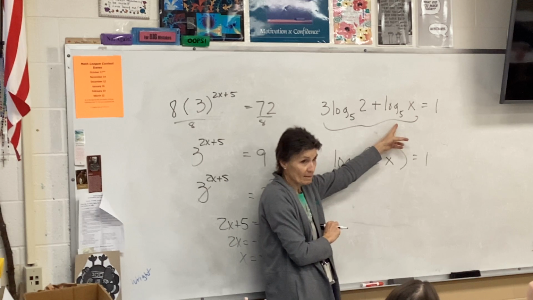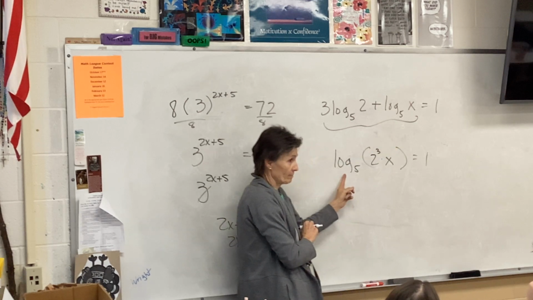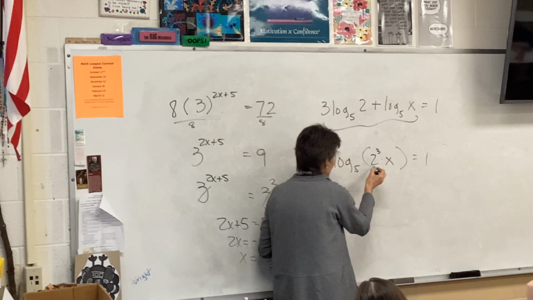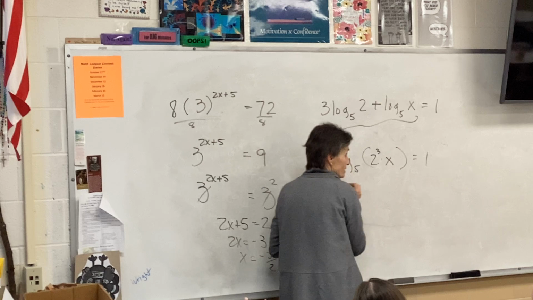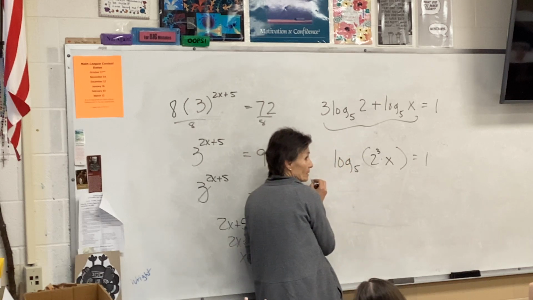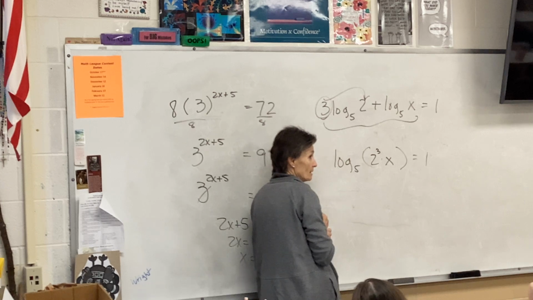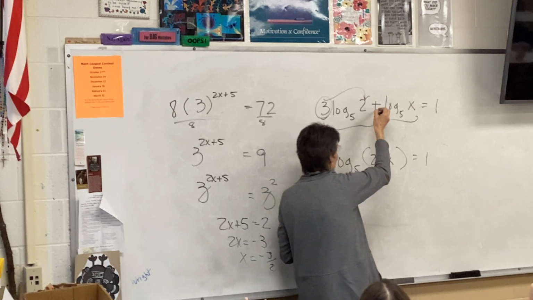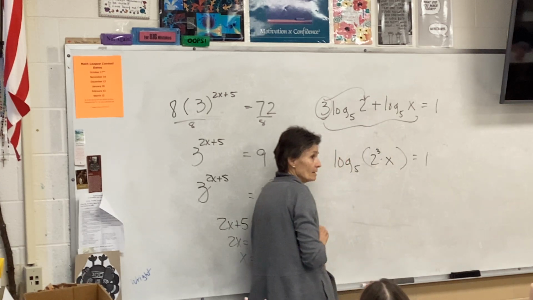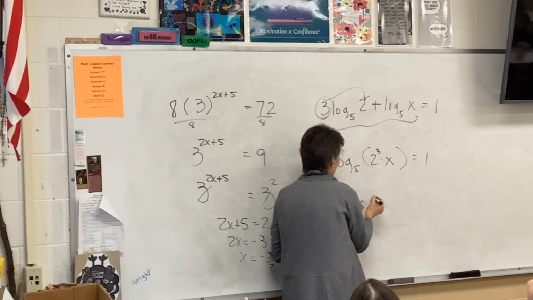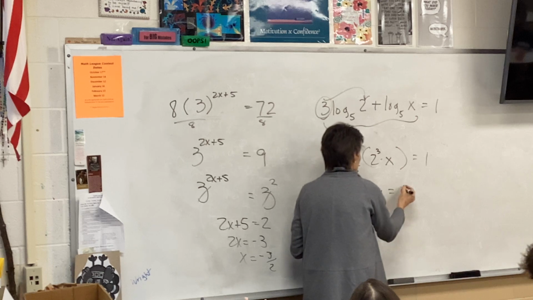That can't be. So write it as 1. So she said when I put it all together, it's going to be 2 cubed times x. Is she right? Yes, because the 3 is the exponent on the 2, and that's a plus, so that's going to be a times. So we have the log base 5 of 8x equal to 1.